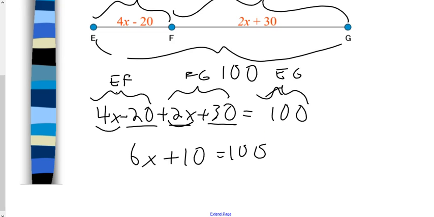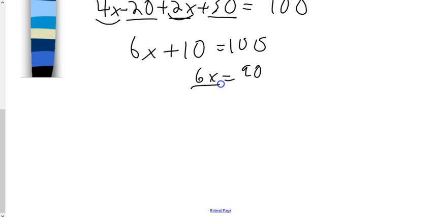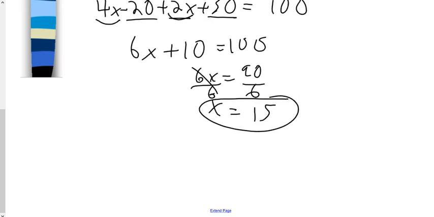Now, I'm going to subtract 10 and get 6x equals 90. Then divide by 6. X equals, 6 goes into 9 one time, 3 left over, that's 30, so that's 15. X equals 15.